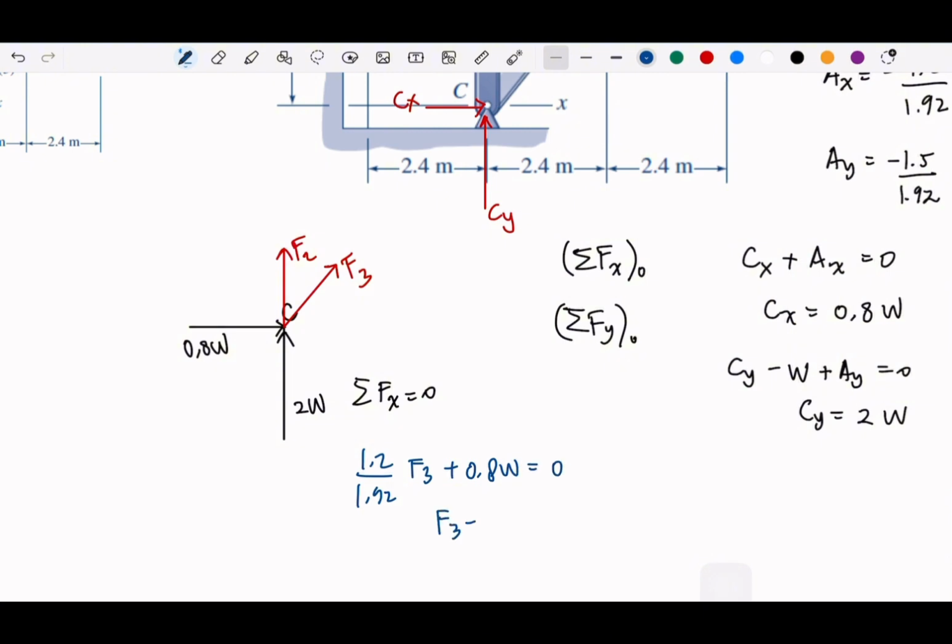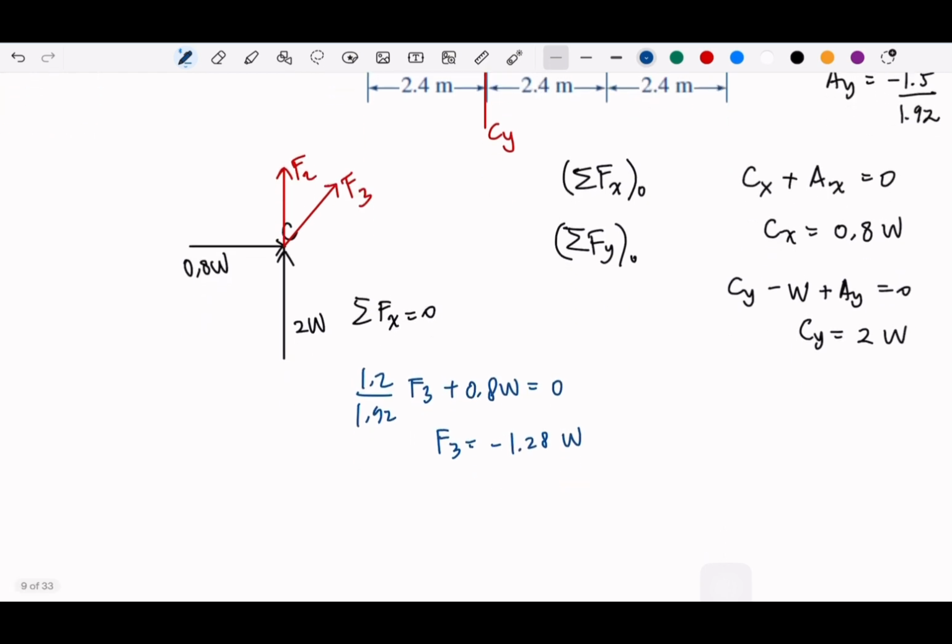So F3 will be negative 1.28 W. The same thing with F2, we can take the vertical axis. So this will be 1.5 F3 plus F2 plus 2W equals 0.